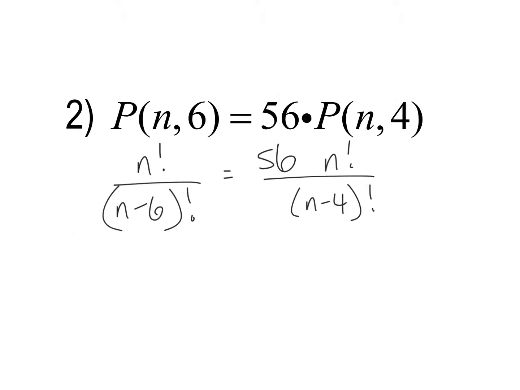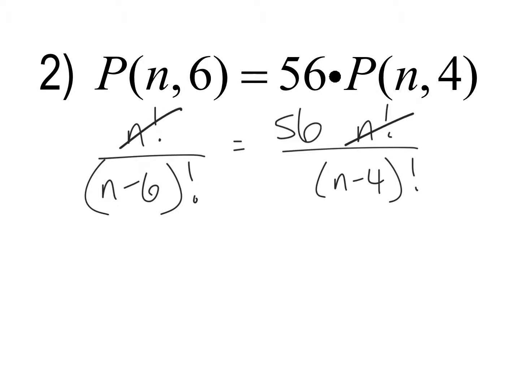When you cross multiply, you can cancel your n factorials on each side. That's an easy way to simplify really quickly. Instead of cross multiplying, I'm going to bring this up here and turn this into a 1, because when you cancel something, you divide it, and it ends up being 1 on the other side.